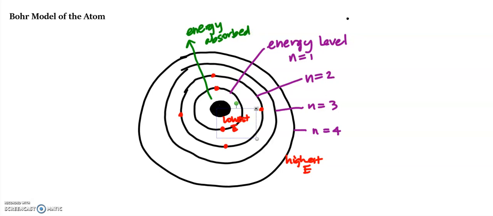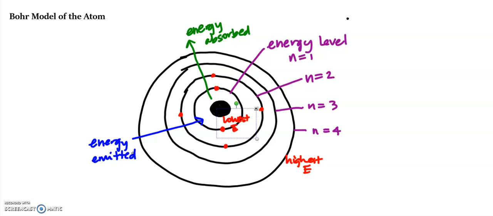And when they go the other way and they go down an energy level, so towards the nucleus, they emit energy. So energy has to be absorbed to go up, right? Because you're going from lower to higher energy, and energy will be emitted or released as you're going down, as you're going from like a 3 to a 1, let's say.